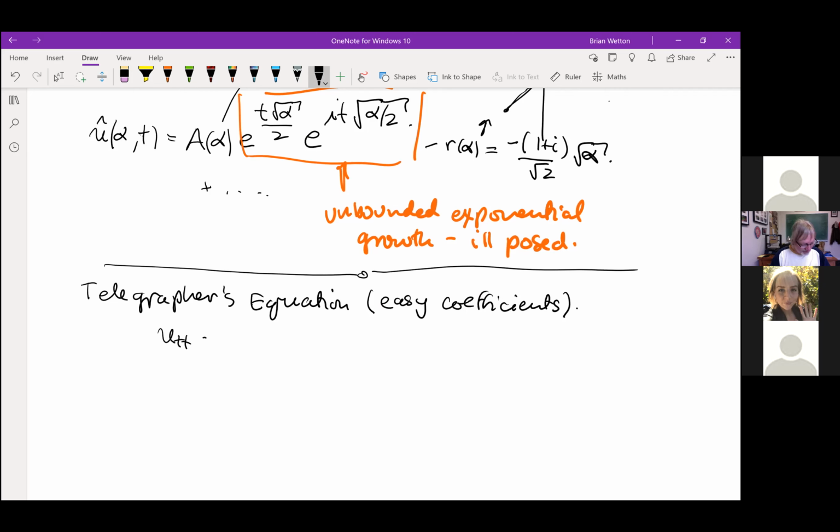Okay. So what have I got? I've got the wrong sign already. This is the wave equation with speed 1 with some lower order terms.